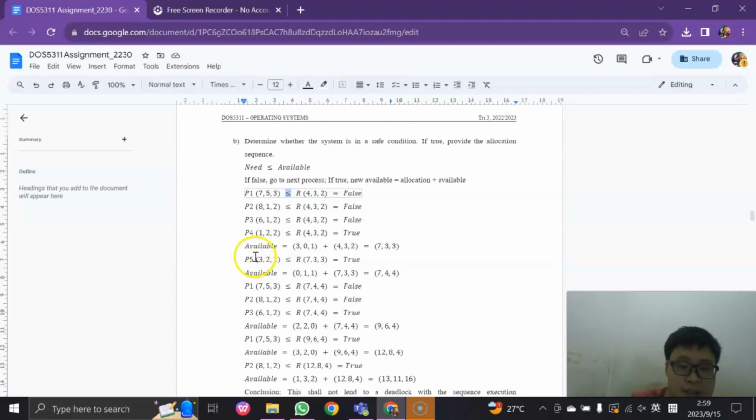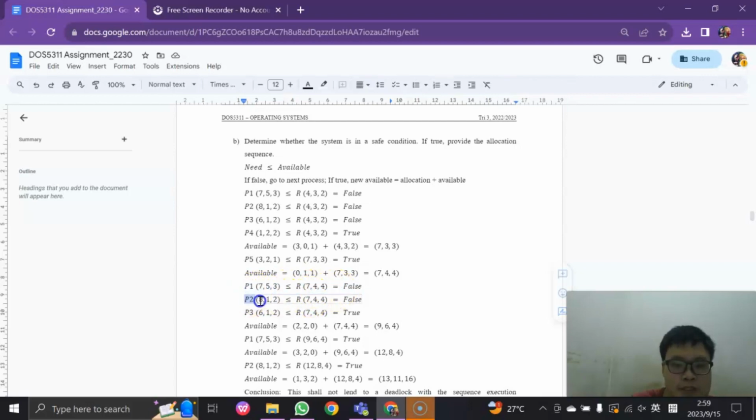The need of P5, 3 2 1, is less than or equal to 7 3 3. So calculate a new available. Allocation of P5, 0 1 1, plus 7 3 3 equal to 7 4 4. Now return to process P1. 7 5 3 is not less than or equal to 7 4 4.